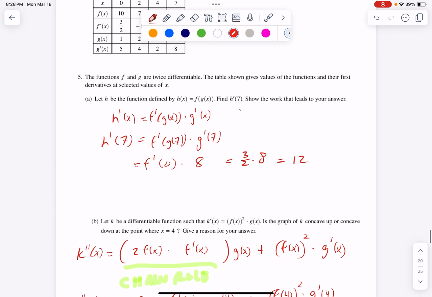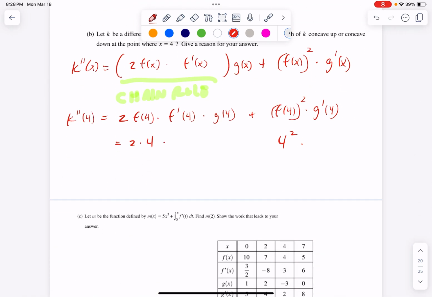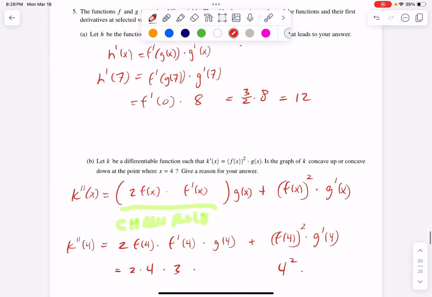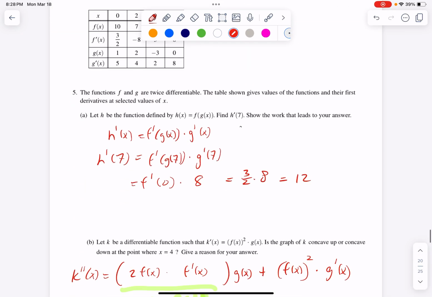F prime of 4 is 3. G of 4 is negative 3. G prime of 4 is 2.